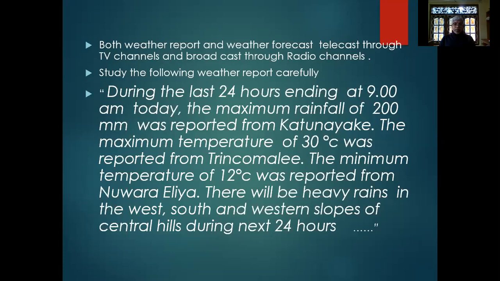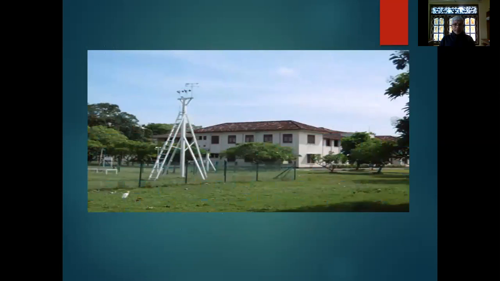These channels allocate a considerable time period to discuss it. Therefore, watch them carefully with good understanding, because they are needed.